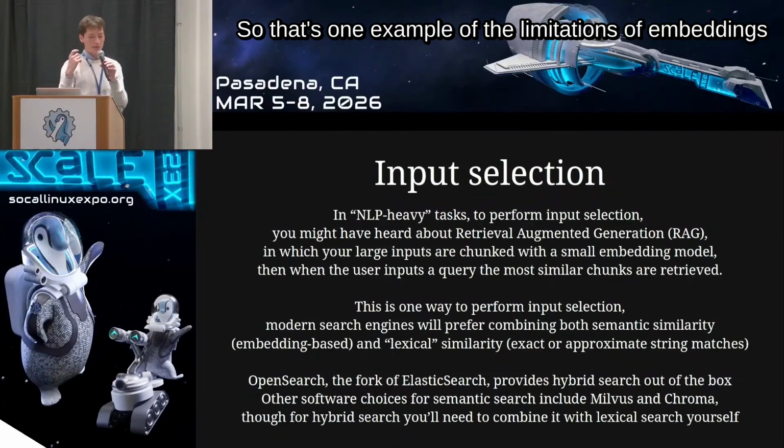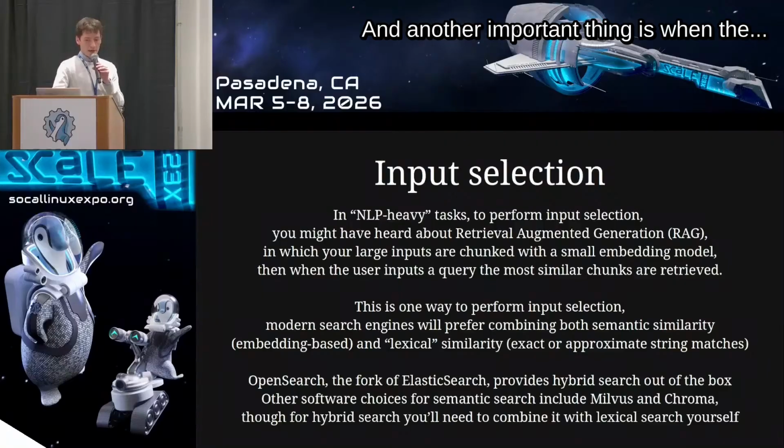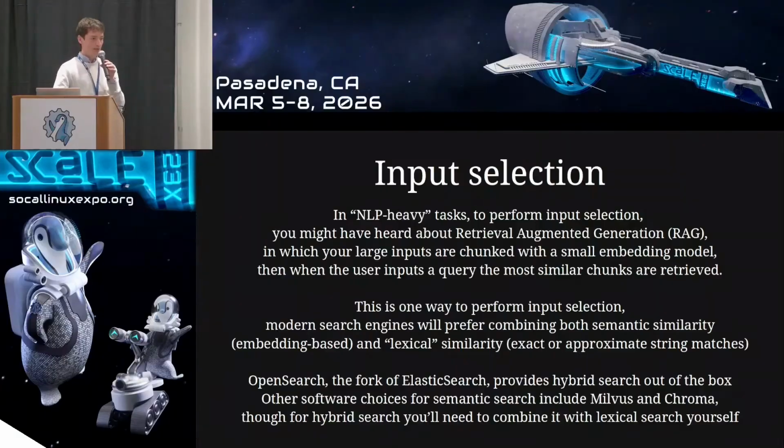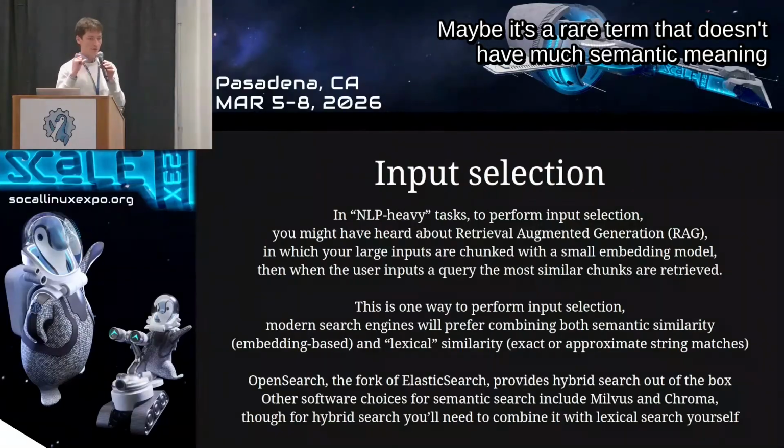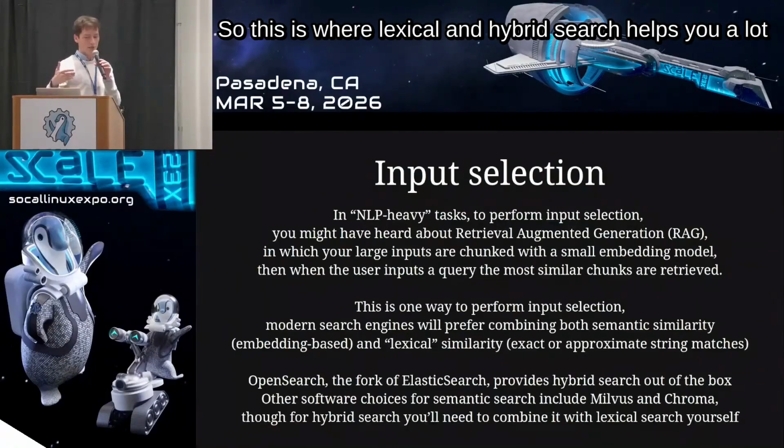So that's one example of the limitations of embeddings. And another important thing is maybe a rare term that doesn't have much semantic meaning. So this is where lexical and hybrid search helps you a lot.